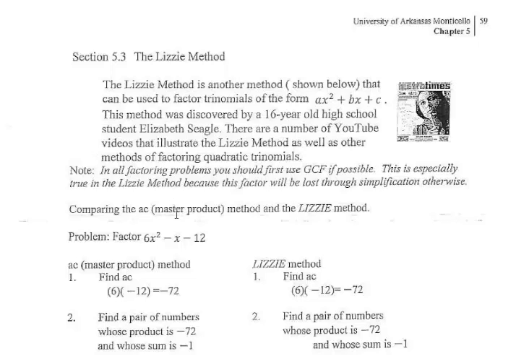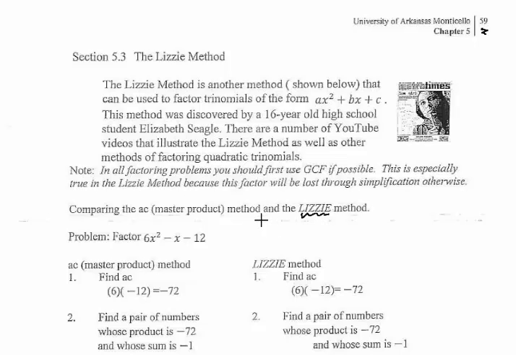So I've broken this chapter up into two parts, and we're in the second part, and we've made it to page 59. We've just finished talking about the AC method, and it turns out there's another method similar to the AC. It's called the Lizzie method, and there's a little bit here that you can read on this page.